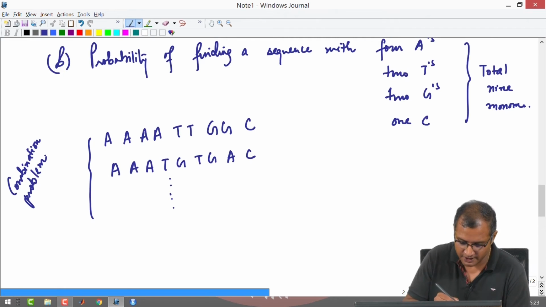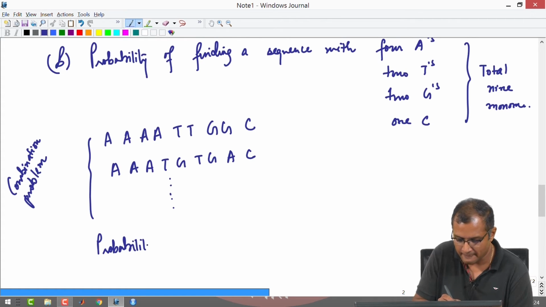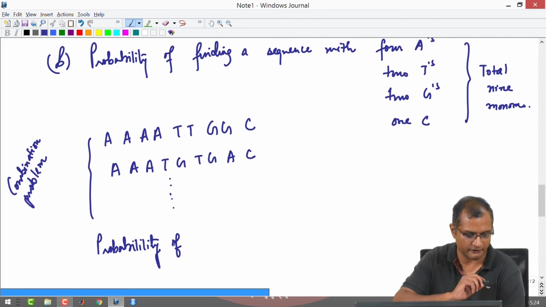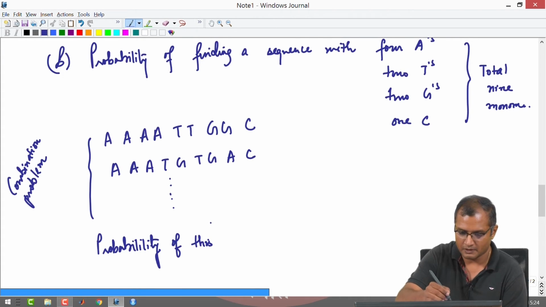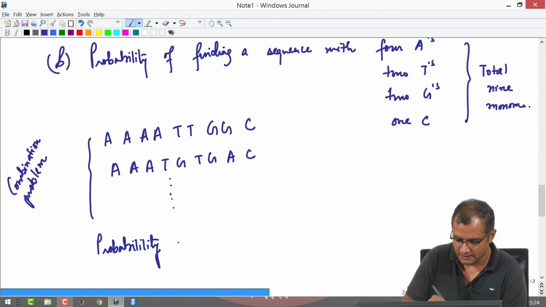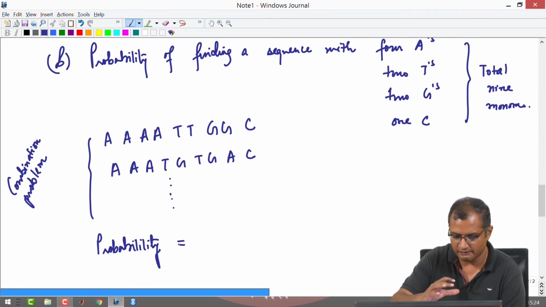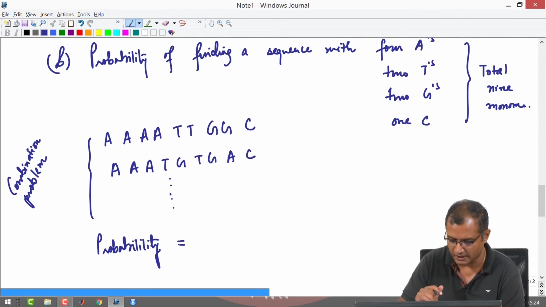You can find out the probability of this particular case, which is given as the number of possible combinations you can have.